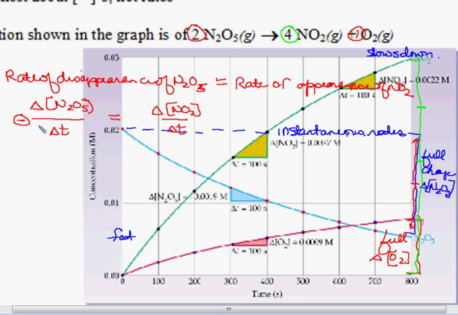So in order to do that, I usually think of it as just putting that coefficient into the denominator. There'll be some questions in which you want to have a ratio or a comparison of a product to a reactant. And remember that they will always be able to be compared as long as you have your balanced equation.